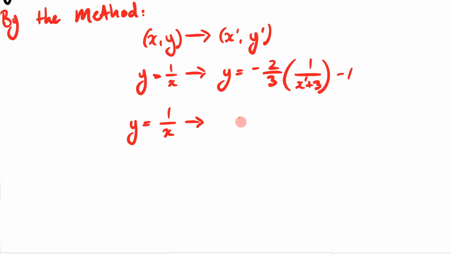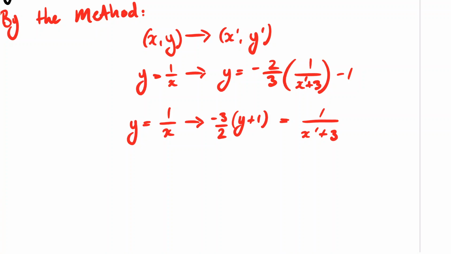Y plus 1, let's put this all in brackets, and then put -3 on 2 at the front, like that. And this is going to be equal to 1 on x dash plus 3. So as you can see, I took everything I could over to the left-hand side, and now I'm just left with that. Now the next step is equating.